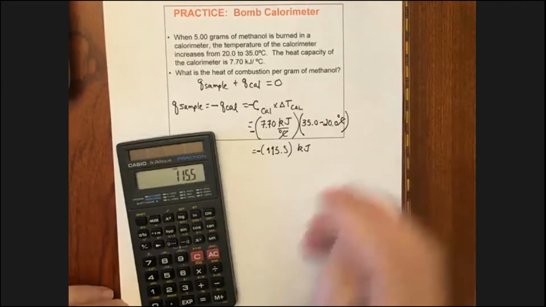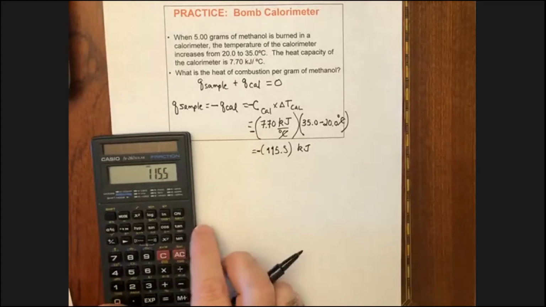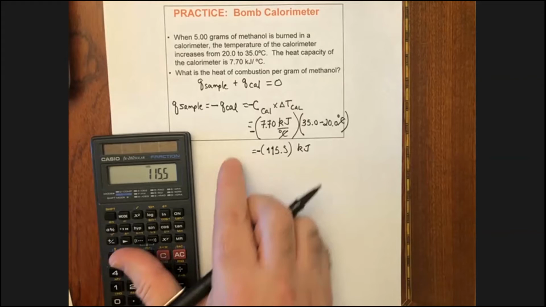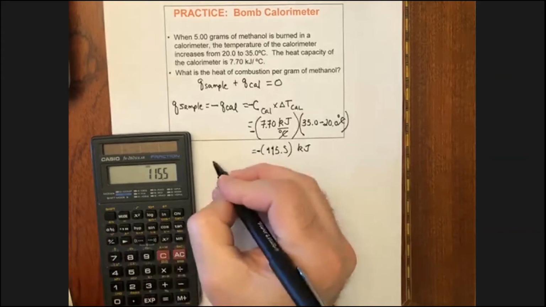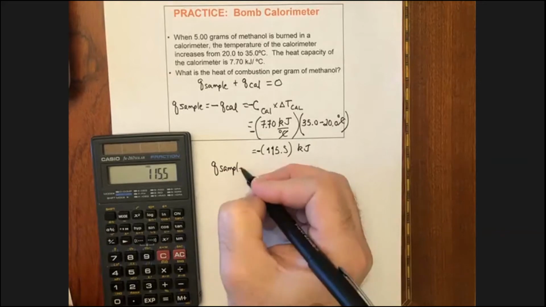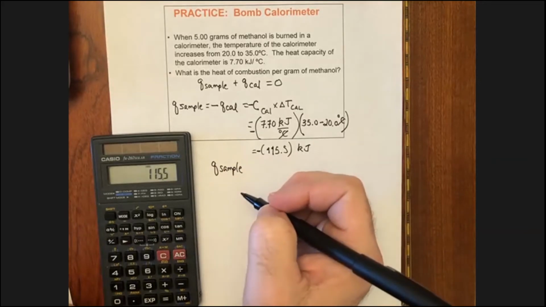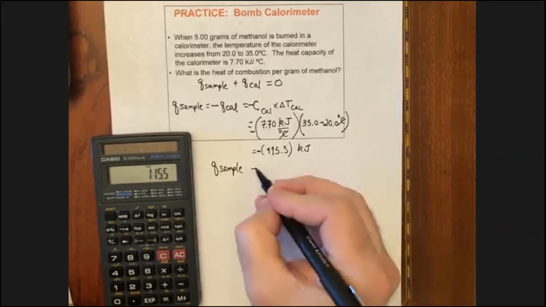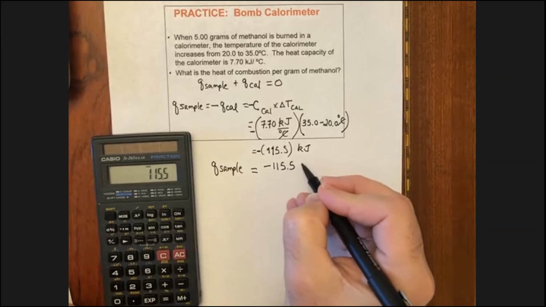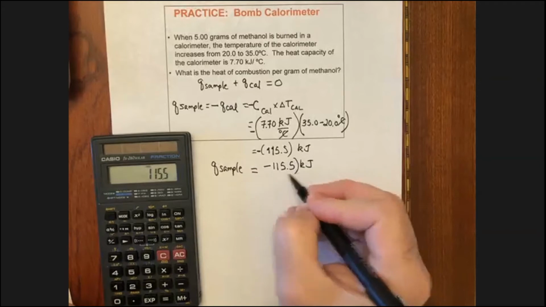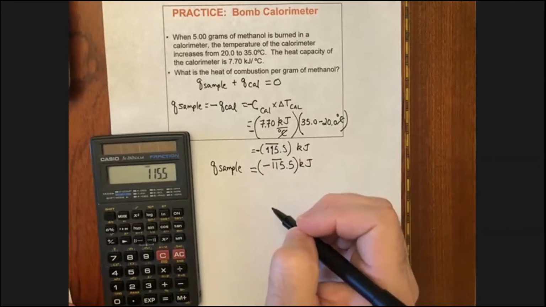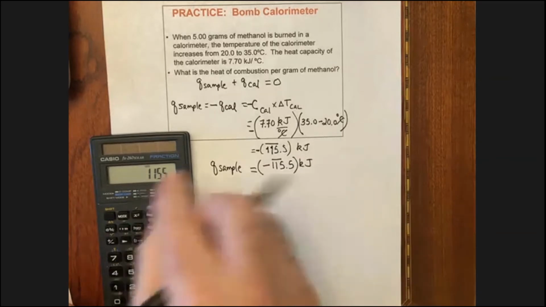Kilojoules. Now, the question asks, what is the heat of combustion per gram? So this is the heat of my sample, but I want to find out the heat of the sample per gram. So that would be minus 115.5 kilojoules. But don't forget that that was supposed to have been rounded to 3 sig figs. I just don't want to start all over again.